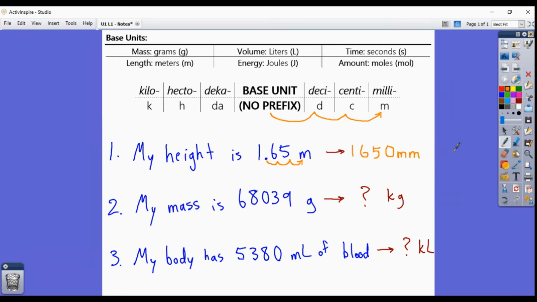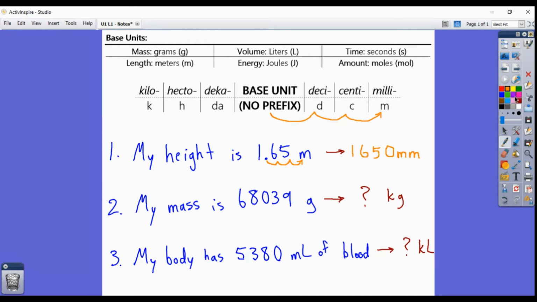It's the same height. Okay. The only difference is how I describe it, the prefix that I use. One of them is probably going to be more convenient to use. Like this is actually probably the better way to put it, and a little bit easier to think of and understand, rather than trying to imagine 1,650 millimeters.